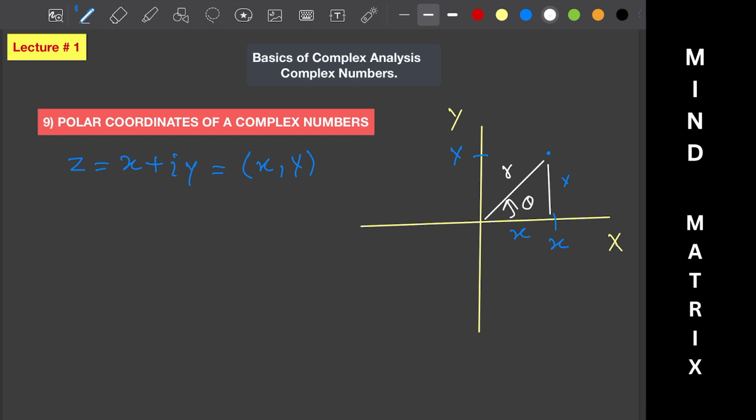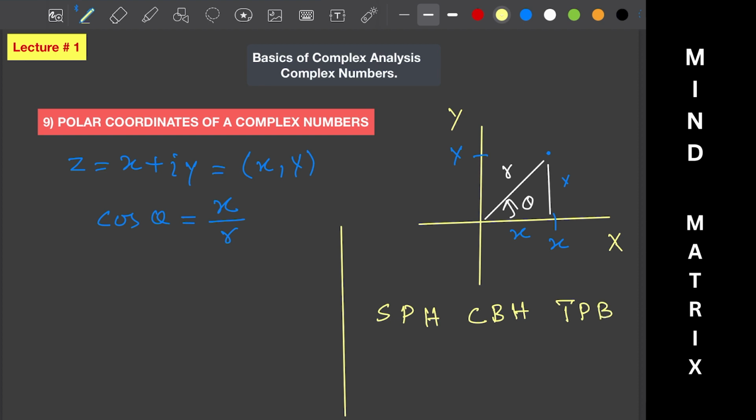As we represented this complex number on the Argand diagram, now we can have cos theta equals x over r. As you know from high school, some people have curly brown hair till painted black. So we have sin theta as perpendicular upon hypotenuse. Similarly cos theta is base upon hypotenuse, and tan theta is perpendicular upon base.